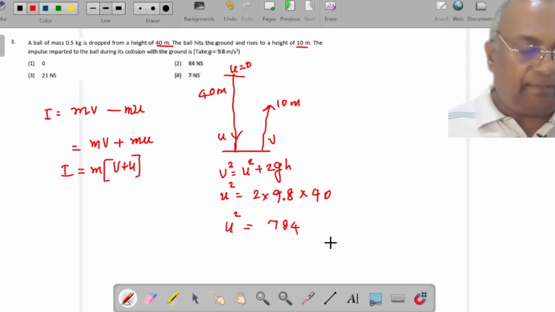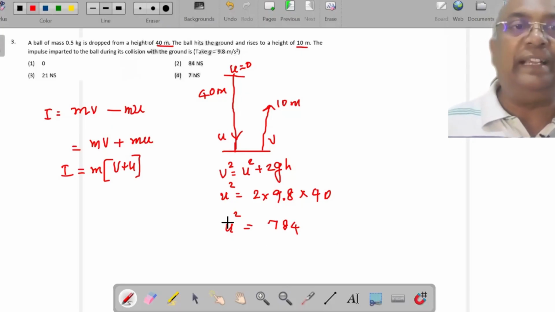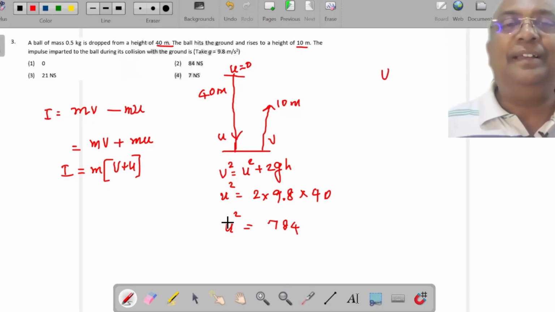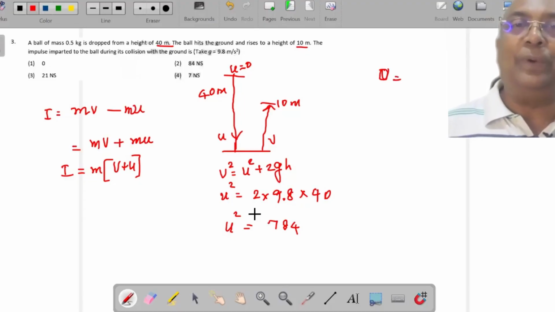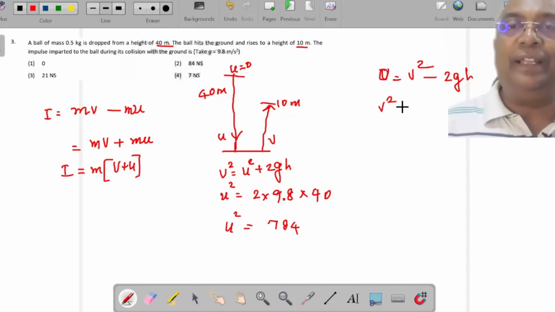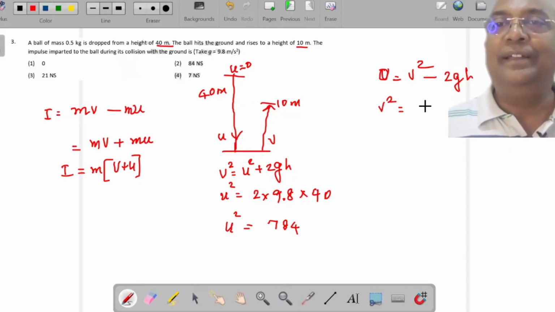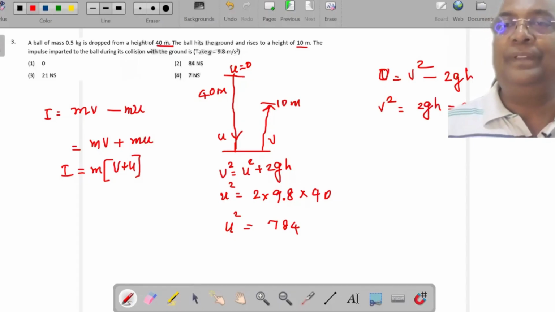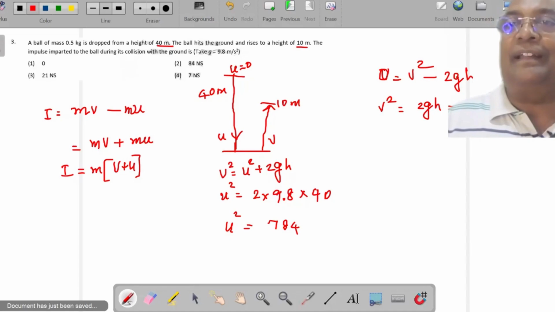Next we will see the velocity when it jumps up, with the same formula. Here the final velocity is 0, so v squared is 2gh. 2 into g, which is 9.8, and h is 10 meter, it rises up.